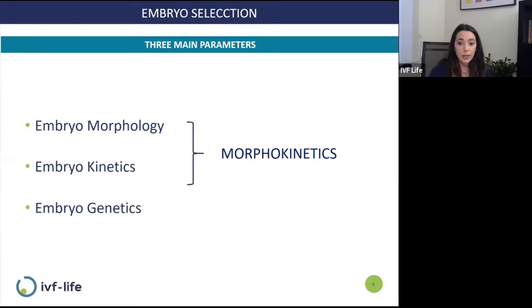And when we mix these both together, we obtain the morphokinetic criteria, in which we take into consideration the timing for the divisions to take place and the quality of the embryos at some specific point of their development. I will give you more details about how this is evaluated in our laboratory later on. Then we also have the embryo genetics, which in the latest years has become quite important when talking about embryo selection. By analyzing the embryo genetics, we're able to know if the embryo is chromosomically normal, which will increase the chances of obtaining a positive pregnancy in a shorter period of time.